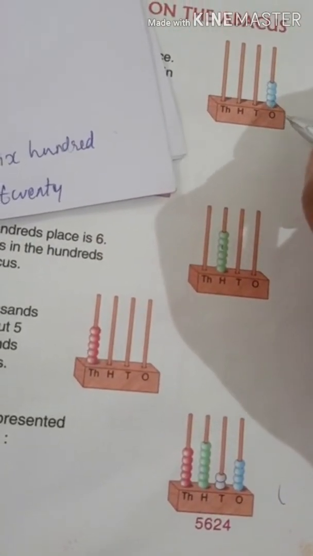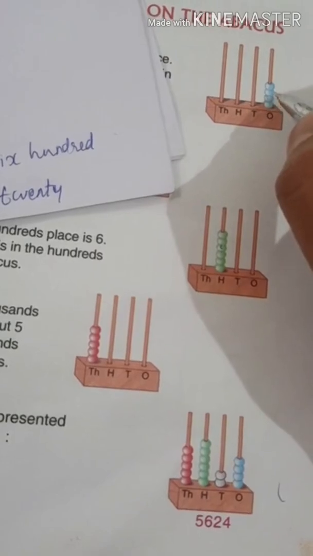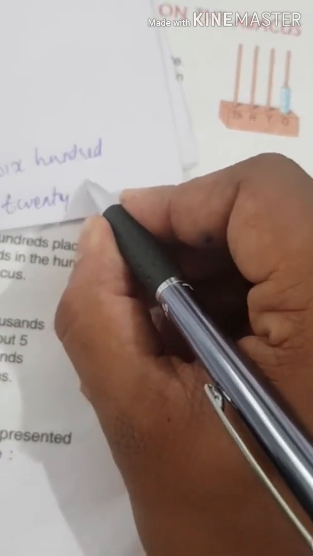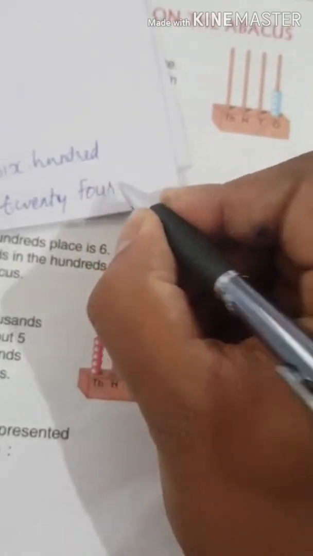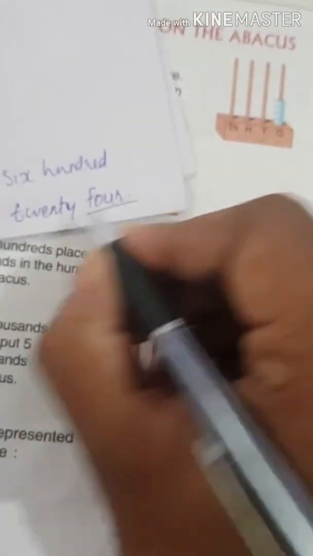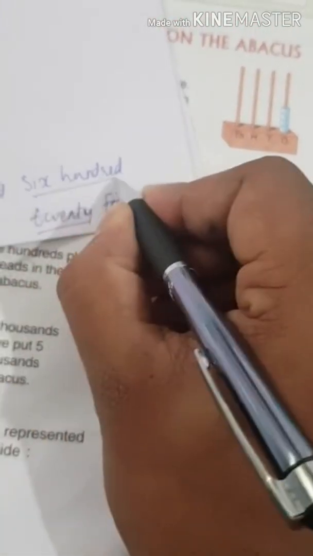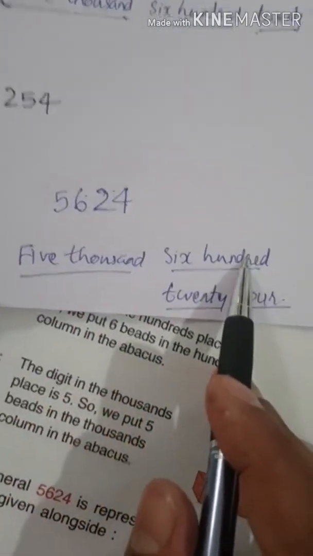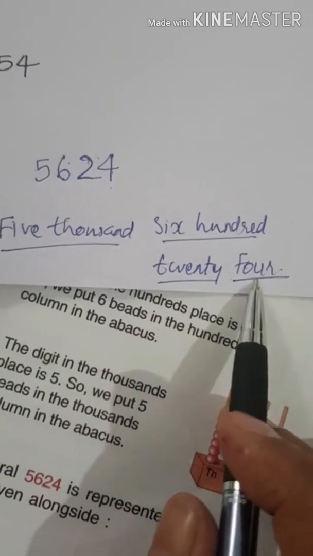How many beads are there in the ones column? 1, 2, 3, 4. 4 beads are there in the ones column. So 4. See, 5,624. Understood?